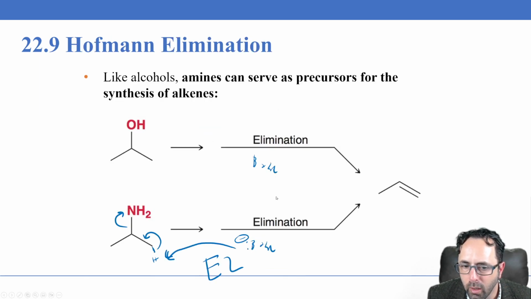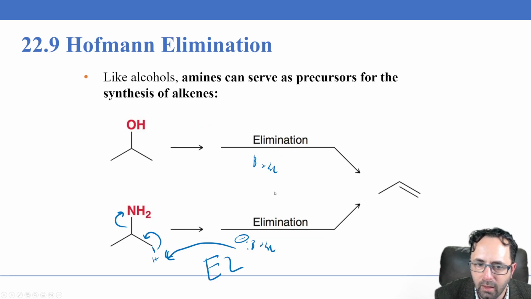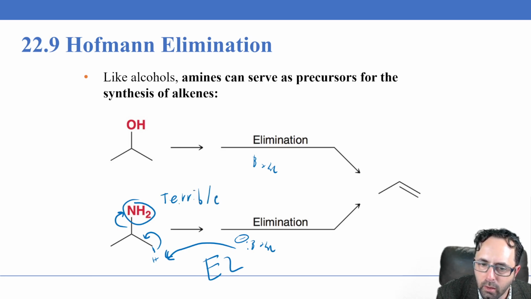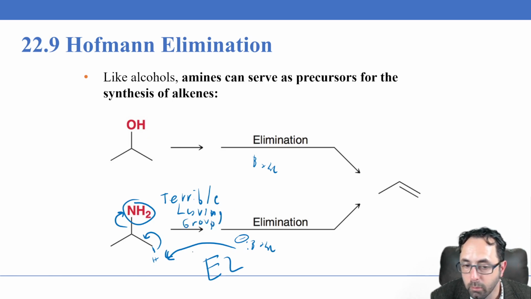Now, one issue here is that this is a terrible leaving group. So this would actually not occur as we see here. So similarly, hydroxide is a terrible leaving group. So what do we do? Well, we can do an elimination by treatment with acid, which would protonate the hydroxyl group.